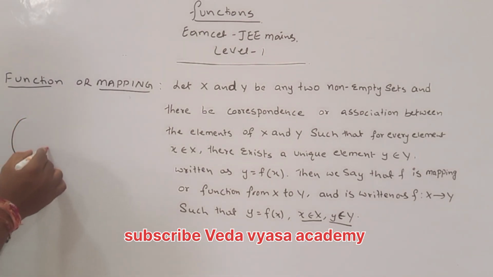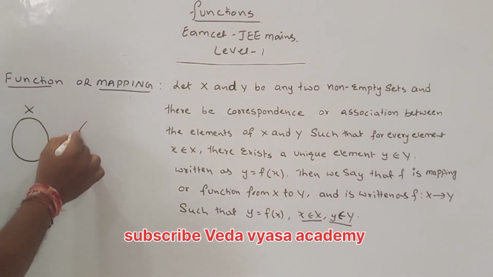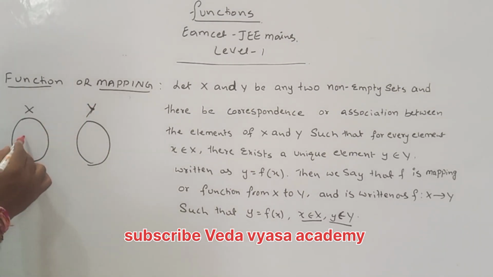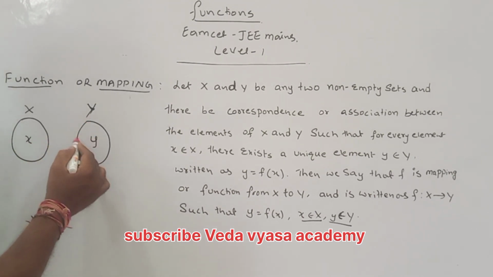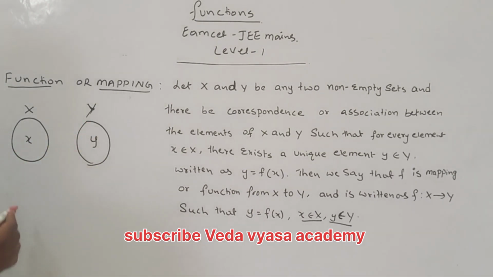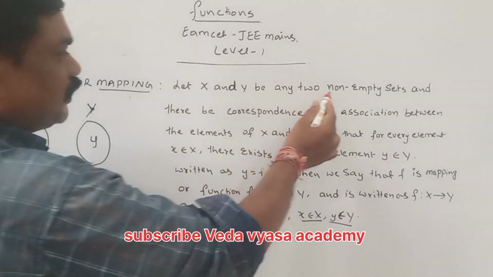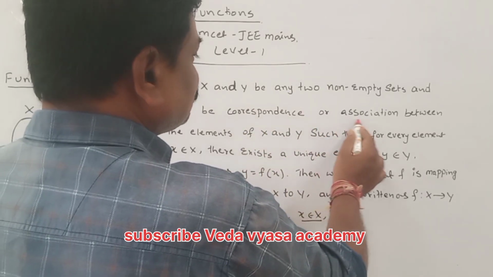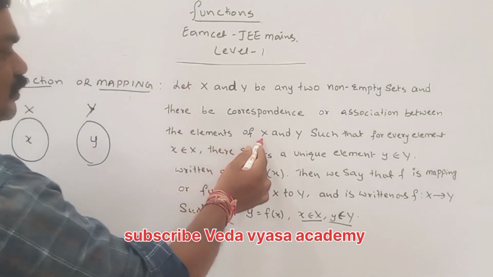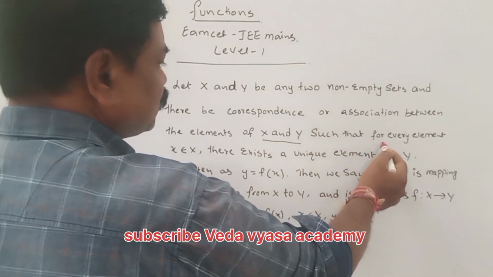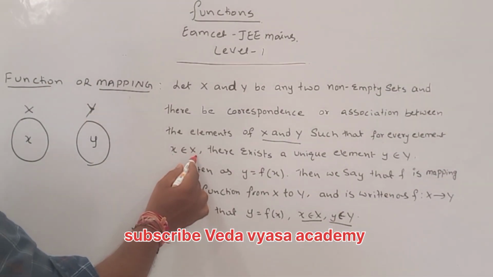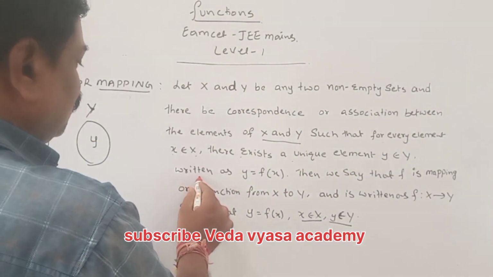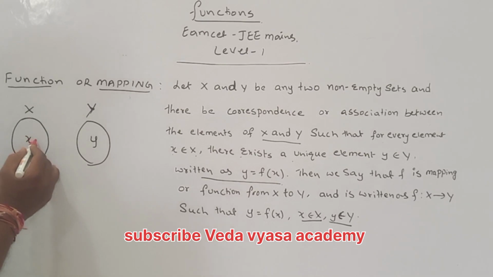Suppose you take this as set X, this as set Y. In set X, small x is there; in set Y, small y is there. Here, let X and Y be any two non-empty sets and there be a correspondence between the elements of X and Y such that for every element x belonging to capital X there exists a unique element y belonging to capital Y, written as y is equal to f of x.